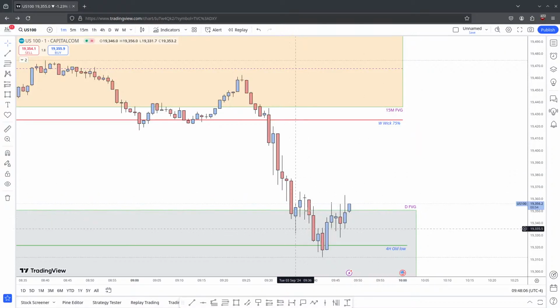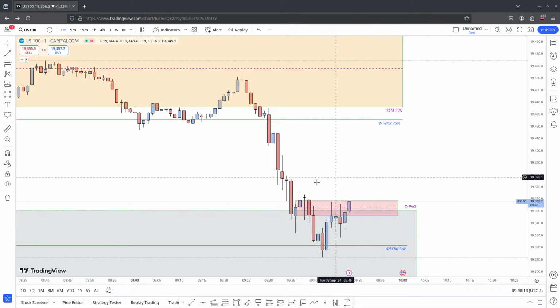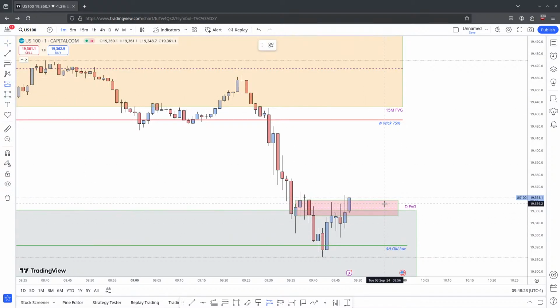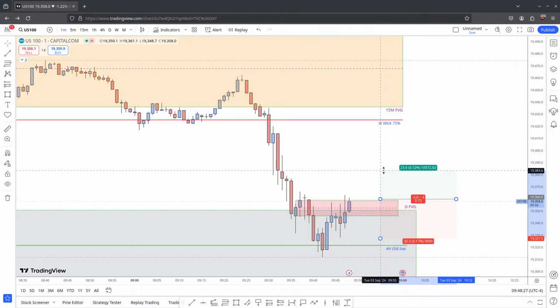So this would be a breaker block here, and if we trade above this, time of day would get into higher time frame PDA arrays. Time of day would be salient here. Let's just take a look at what the stops would be if this was something that we did decide to get involved with.